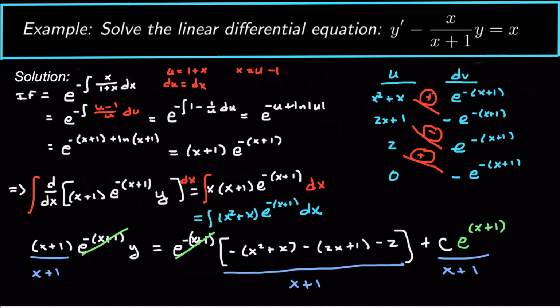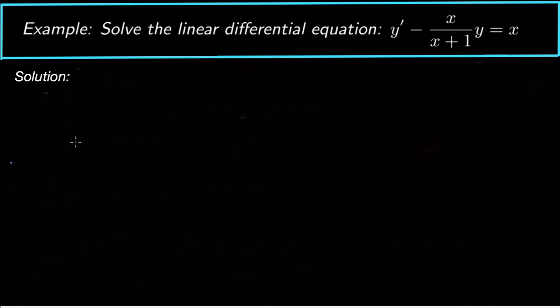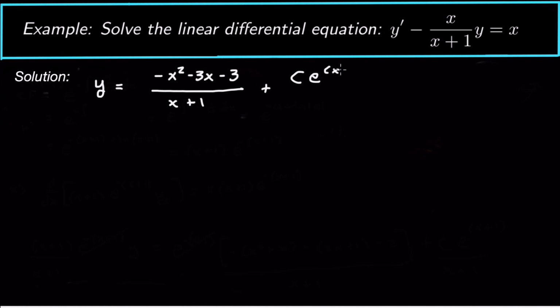So to reduce all of this, we should get that y will be negative x squared minus 3x minus 3 over x plus 1, plus c e to the x plus 1 over x plus 1.